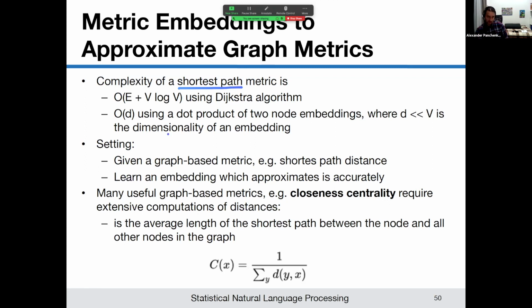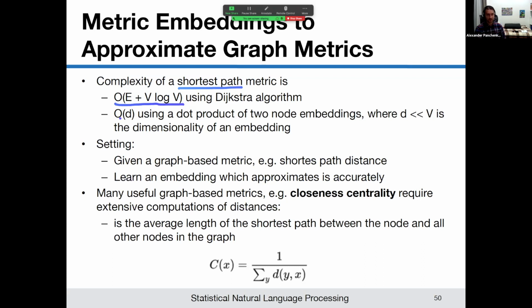So this is nice, but the problem is that to compute for a pair of nodes, to estimate this distance, you have complexity which is proportional to E plus V log V. For very large graphs, it might be quite a large number.